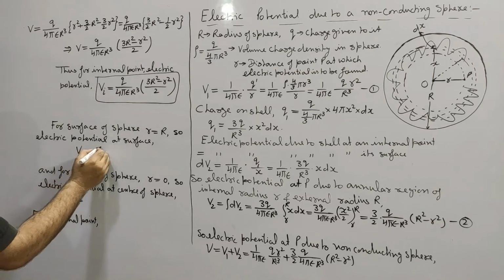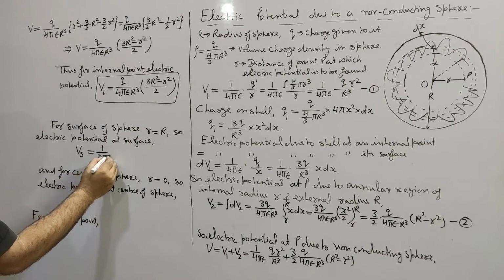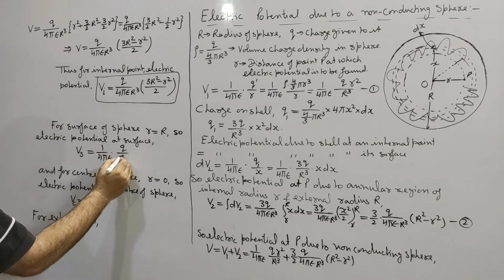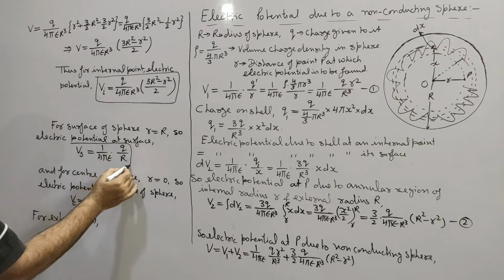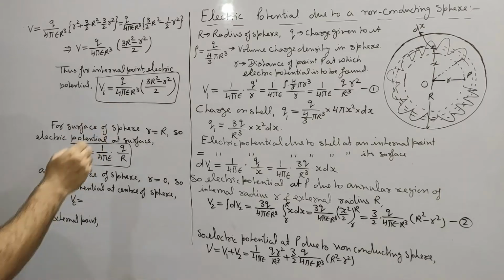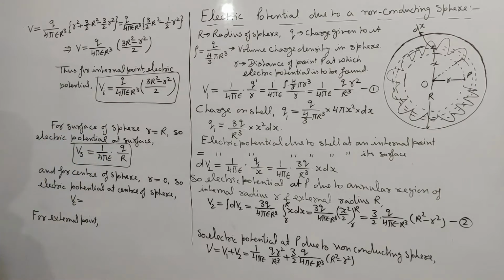So we will get 1 over 4 pi epsilon Q upon R. Thus for the surface of the sphere, the total charge possessed by the sphere can be supposed to be concentrated at its center, and it will behave like a point charge.